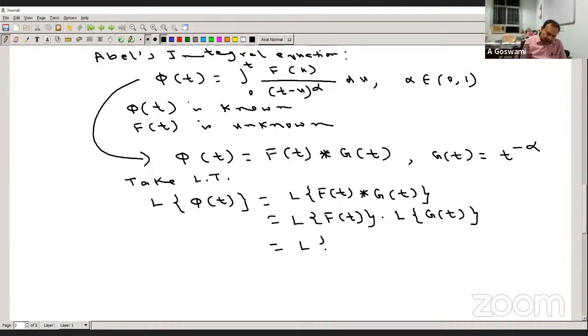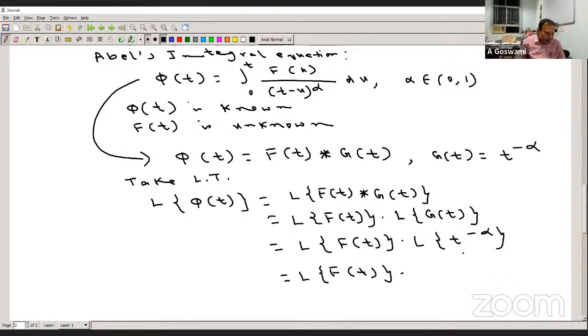So f(t) is unknown to us, whereas g(t) is known to us. g(t) is t to the power minus alpha. So this equals the Laplace transform of f(t) into the Laplace transform of t to the power minus alpha, which is gamma(1 minus alpha) by s to the power 1 minus alpha.